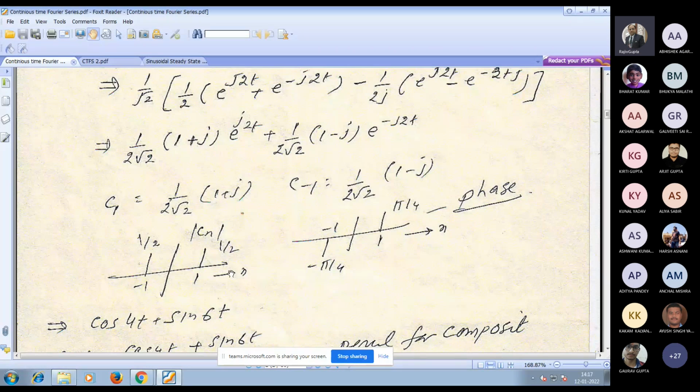So let's try. In order to have a signal be periodic, what is the condition? The ratio of the time periods of the two signals must be a real number. So let's find the time periods. Omega naught 1 is 4, omega naught 2 is 6.